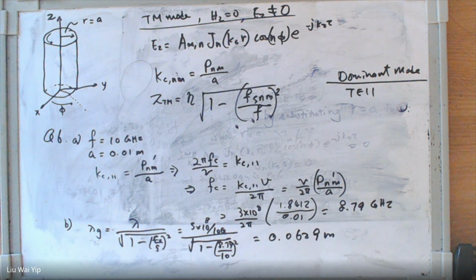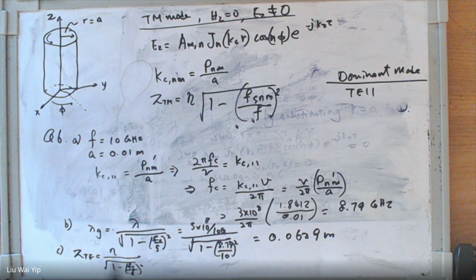Okay, the intrinsic impedance, I have to use this little space here to calculate. And it's for TE mode. That's very easy. All you need to do is to use this formula. I hope you can read it, right?